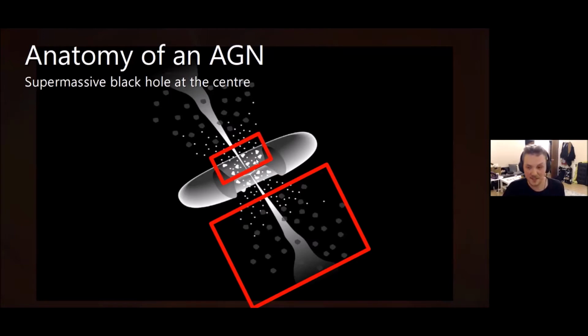Conveniently, this region is called the broad line region. On the other hand, we still have some pockets of gas orbiting further out, and they are still emitting, perhaps orbiting at only 2,000 kilometers a second. In this case, we have narrow emission lines. We have the narrow line region.